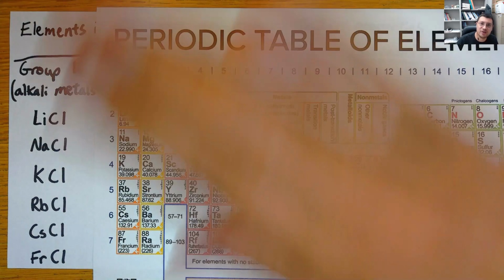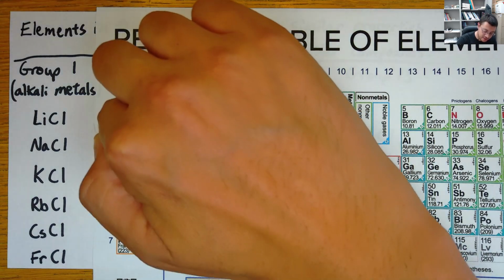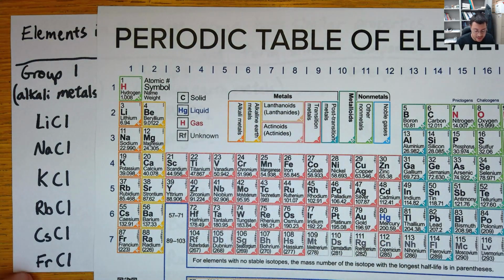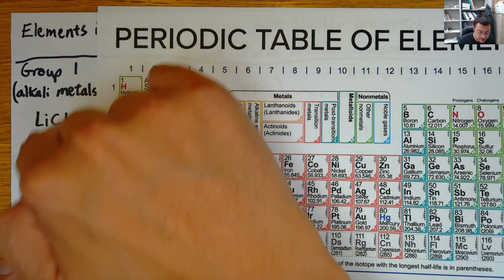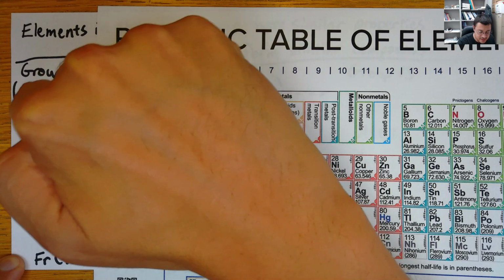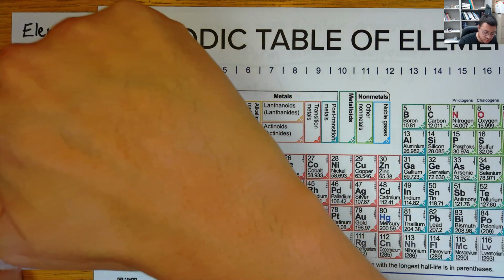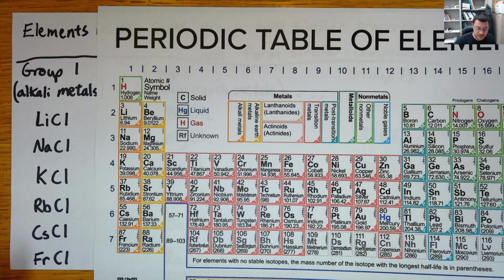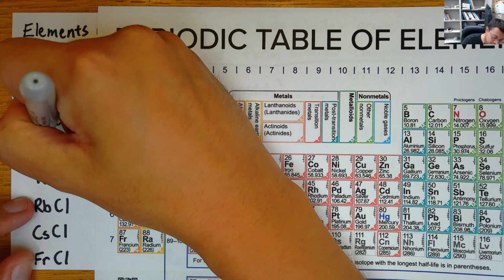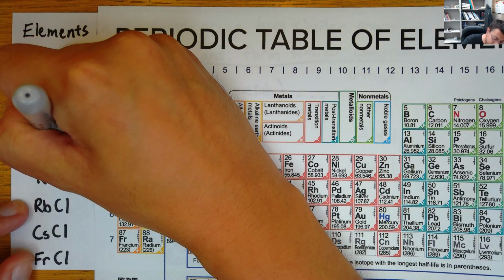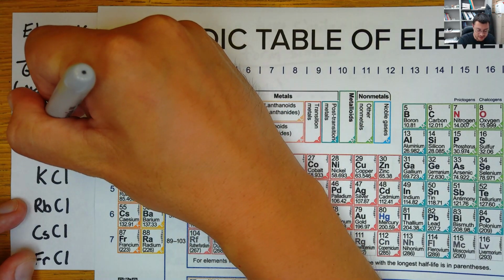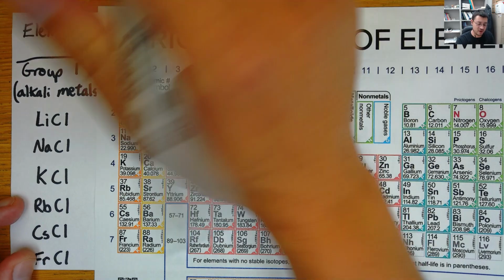Hydrogen we'll just leave out of the discussion right now, but here are those 6 alkali metals. Looking at all these chemical formulas, you can see there is one of each of those alkali metals in the formula. You may wonder how you know it's a 1. I know we haven't talked a ton about chemical formulas yet, but in chemistry, if they don't write anything, it means it's a 1.